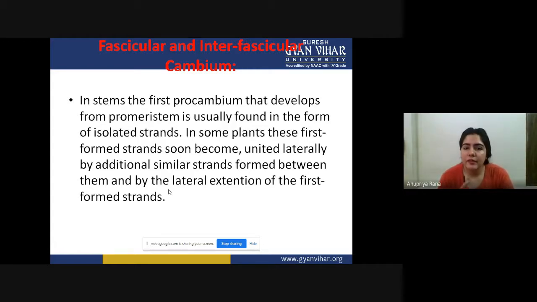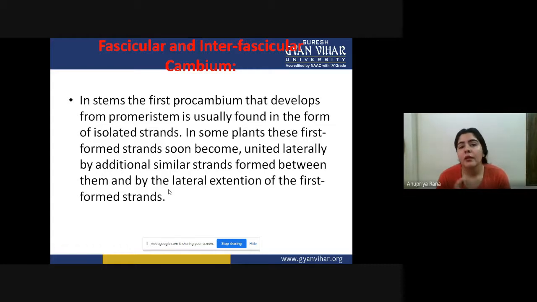So for this ring formation, whatever isolated strands we got from the procambium, what we need now is to make them into a ring. To form the ring, we need other strands which have to be present in between these isolated strands.